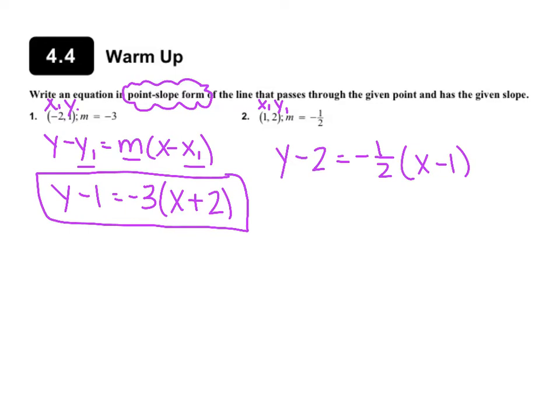I can distribute my 1/2 if I needed to. But since it asked me for point-slope form, I can also just say, oh, if I follow directions, I'm already done.